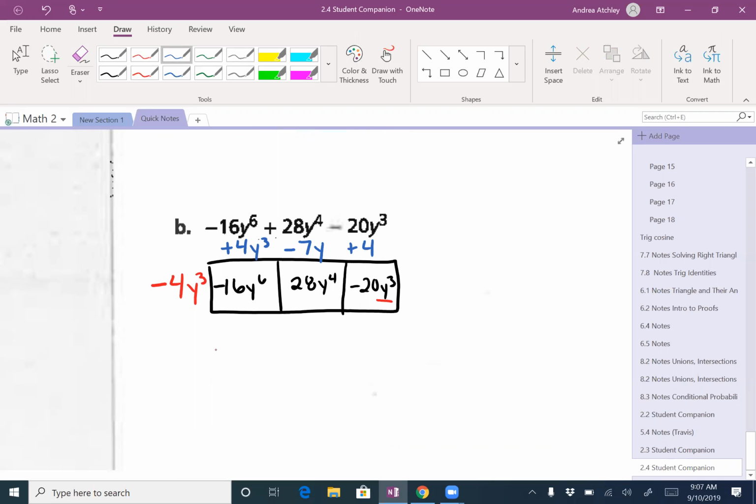Oh, plus 5. So I divided wrong there. So my factors are negative 4y cubed times 4y cubed minus 7y plus 5.